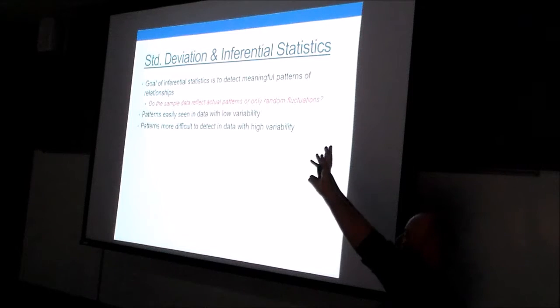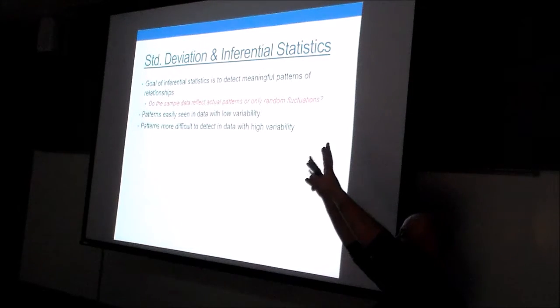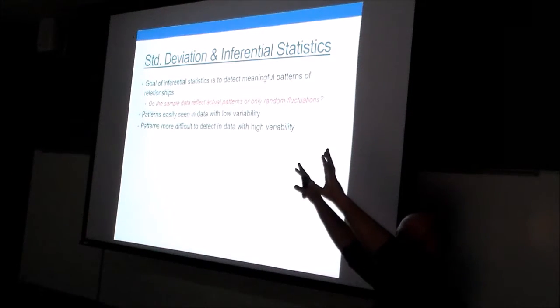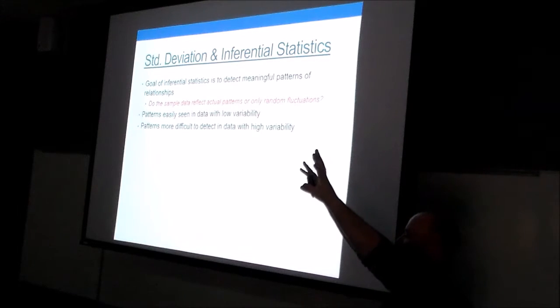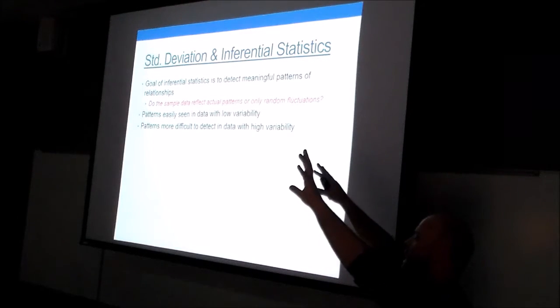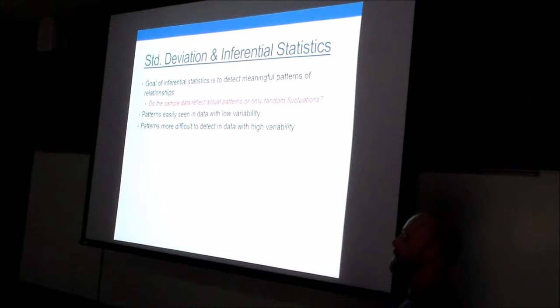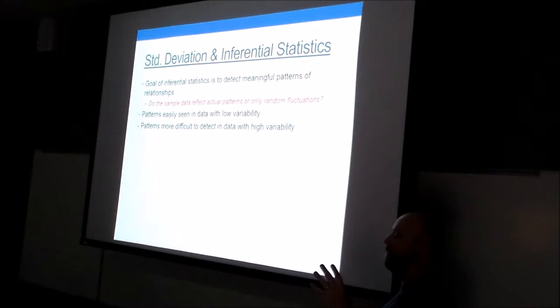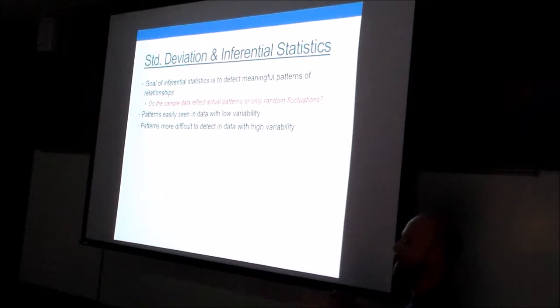Population A and population B have the exact same mean on whatever it is I'm looking at. The mean of the population is identical, but I pull a sample from population A and get an average of 30, and I pull a sample from population B and get an average mean score of 35.